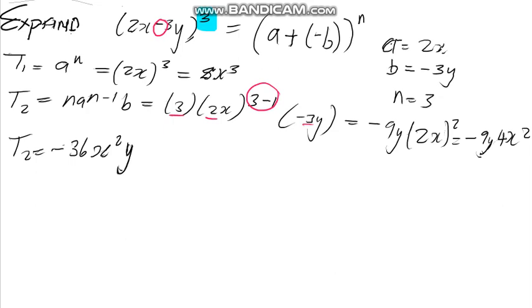The next one that we're going to do is t3. T3 is equal to n open bracket n minus 1 over 2 factorial. 2 factorial means you say 2 times 1.